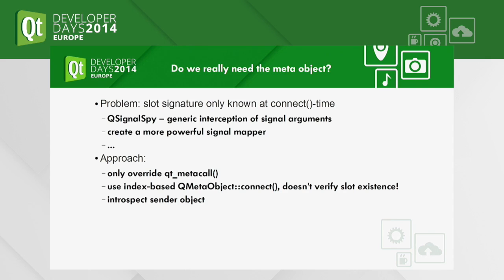You just get that index in your qt_metacall implementation. And there is nothing that forces us to interpret that in the same way as moc usually would do, right? So we could just look at where that signal is coming from, convert the arguments, and that's exactly what QSignalSpy does.